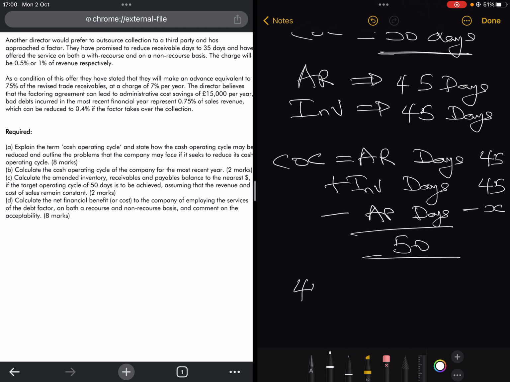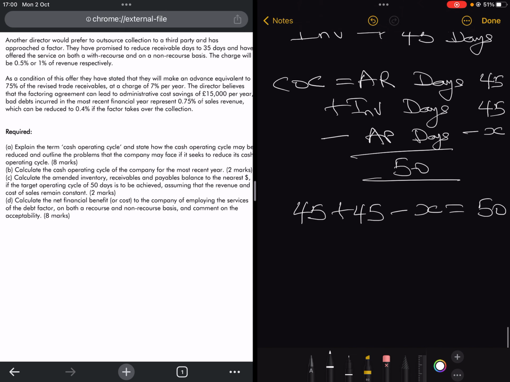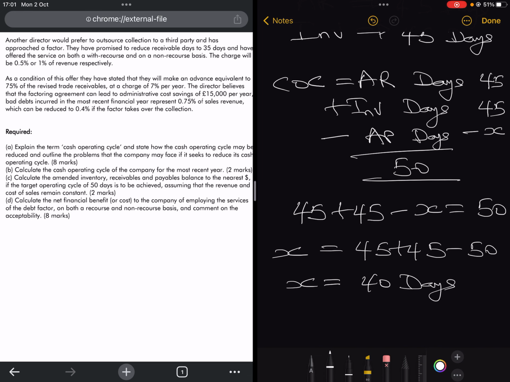So 45 plus 45 minus X equals 50. And from this, we can estimate our account payable days. X will equal 45 plus 45 minus 50, and X equals 40 days. That means our account payable days is 40 days.